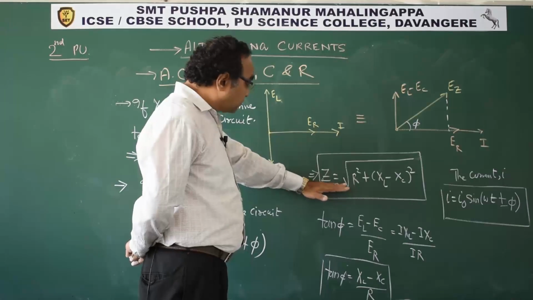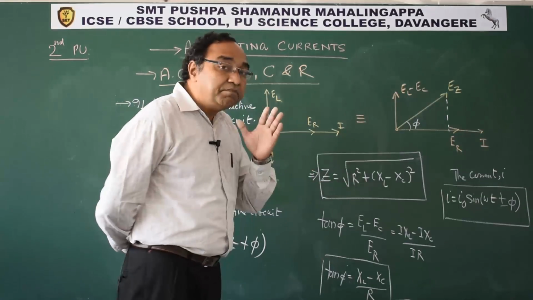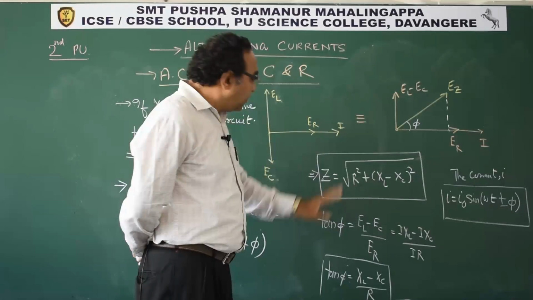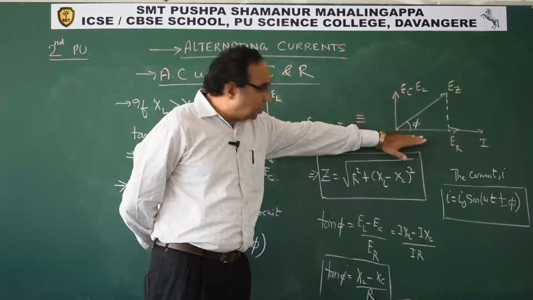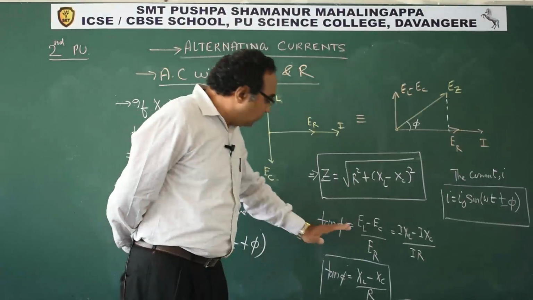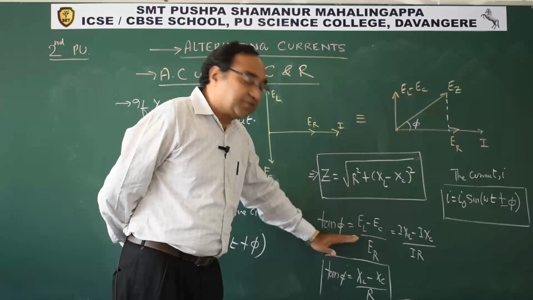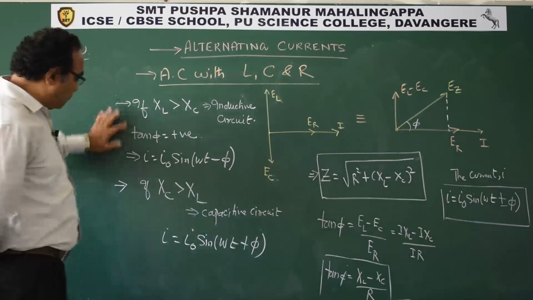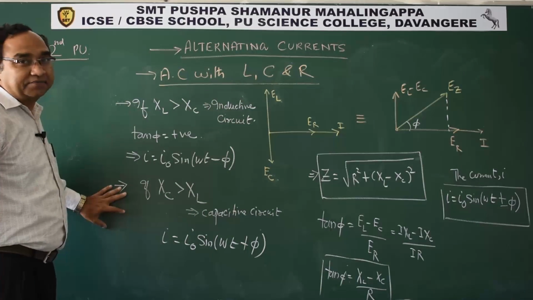Now we know what impedance is. That is the first thing. Second, we know the structure of the impedance triangle. We know what the phase difference is. Then we know the expression for current.